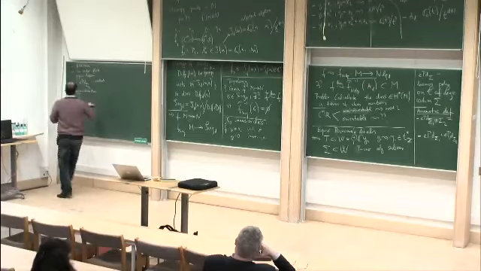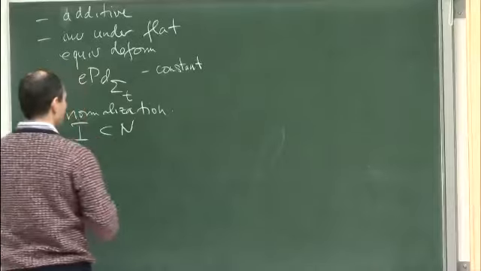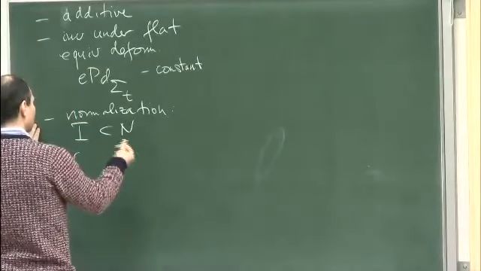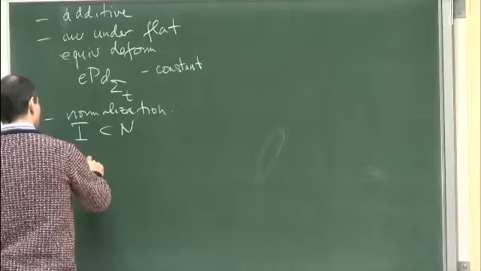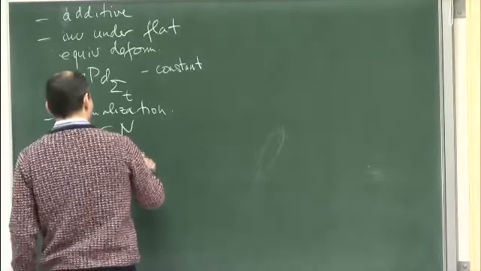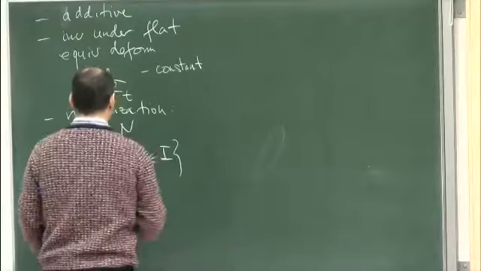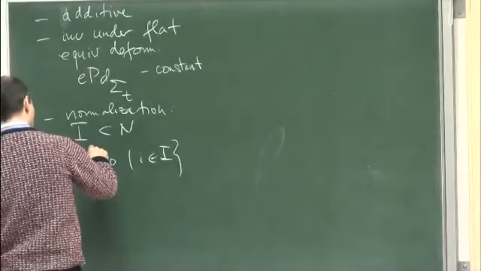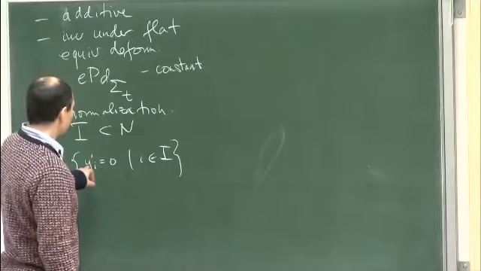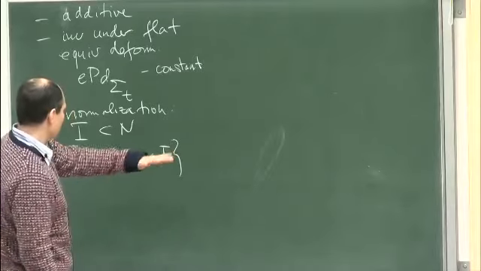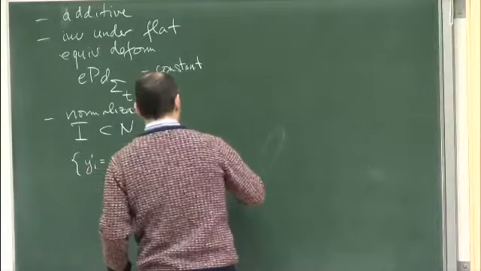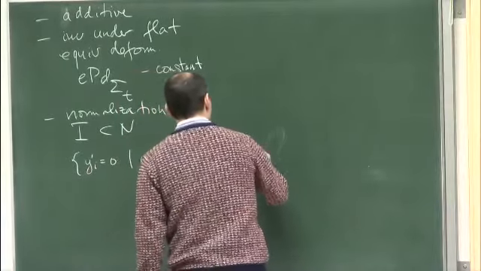If you take an index subset here, then you can find an invariant subvariety which is just given by the equations y_i equals 0 for i in I. So the corresponding coordinate y_i is 0. So this gives you a subset, and this will be just the product of the eta_i.